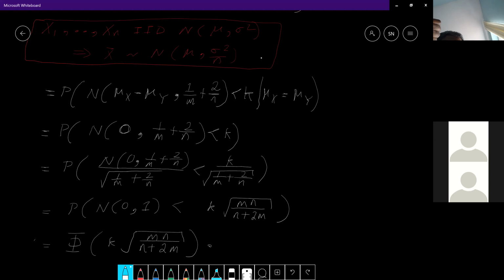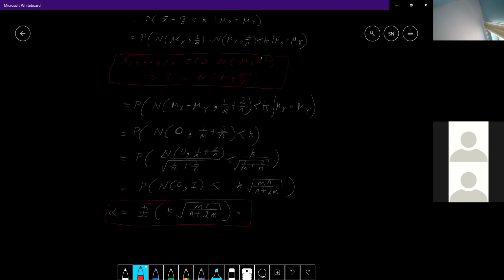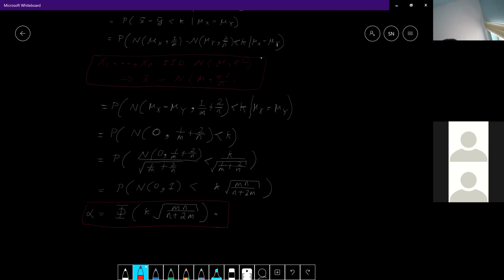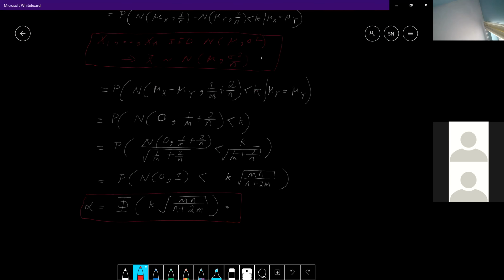Just to summarize, what we have shown is that alpha, the probability of type 1 error, is equal to this. Is that clear, guys? Any questions so far before I do the next part?